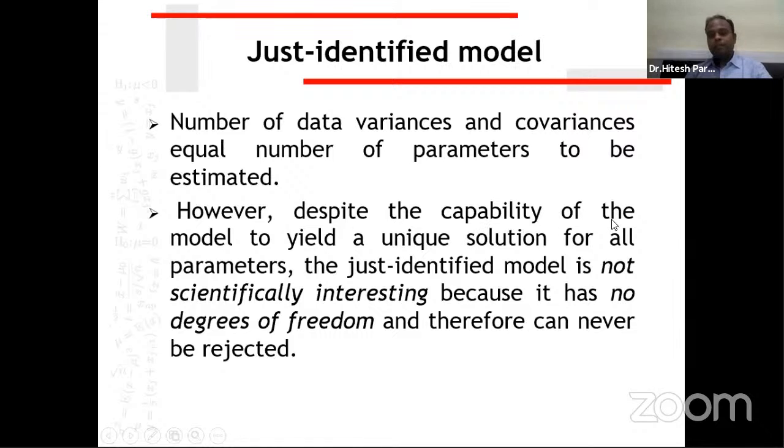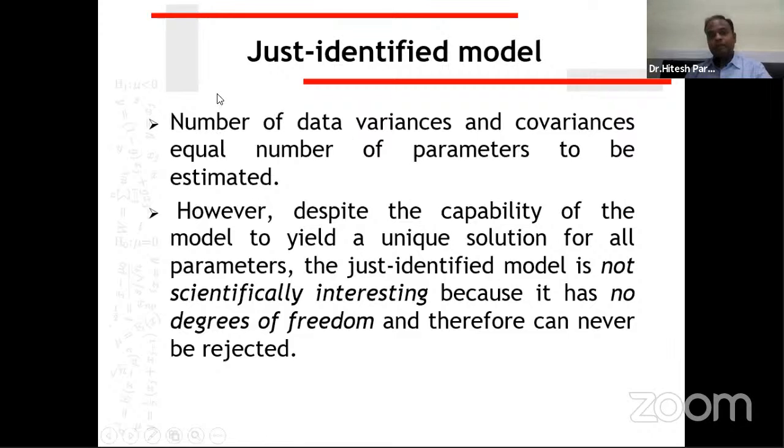However, despite the capability of the model to yield a unique solution for all parameters, the just identified model is not scientifically interesting because it has no degrees of freedom and therefore can never be rejected. This type of model can never be rejected because of 0 degrees of freedom. So we require some degrees of freedom.